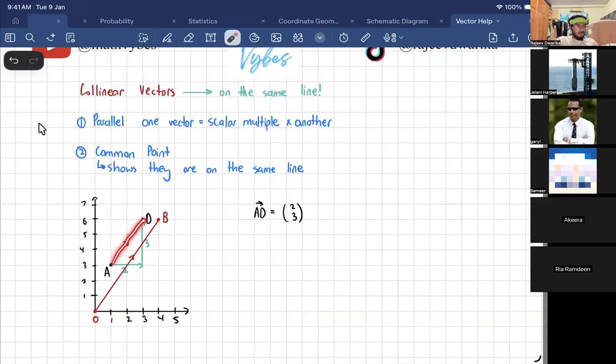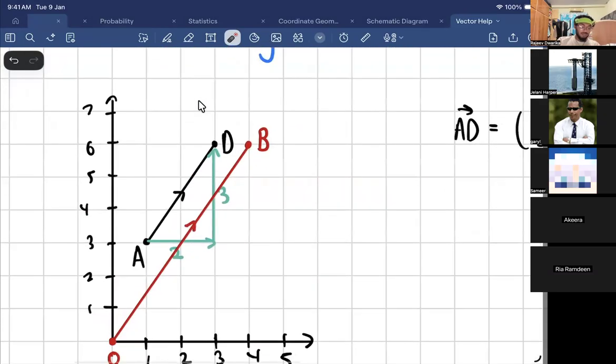Starts at A and ends at D. Do they have a point in common? Look at it for yourself. This one starts at O, going to B. This one starts at A, going to D. They don't have any points in common. So these would just be parallel. These are not collinear. Let me switch it up a bit.